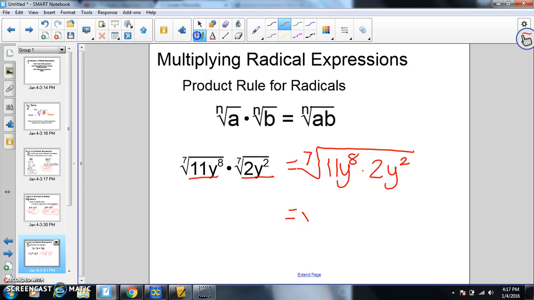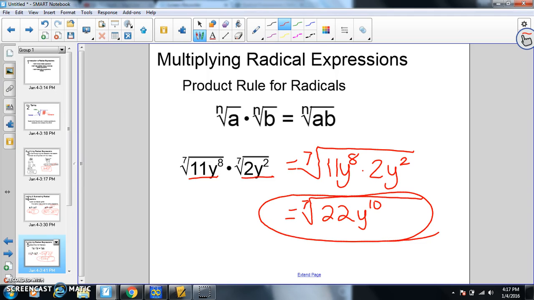So this is equal to the 7th root. 11 times 2 is 22. Y to the 8th times y to the 2nd. We add our exponents and we have y to the 10th. I'm going to say that this is not my final answer because I'm looking at my index of 7.